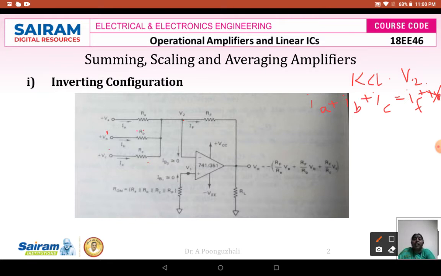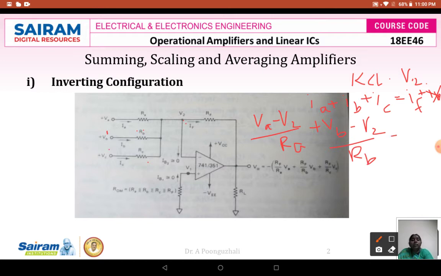Now if I write my IA equation, the voltage at this point is VA and the voltage at this point is V2, and current is flowing from VA to V2. So I can write IA to be VA minus V2 divided by RA. Similarly, your IB, from here the current flows, so it is VB minus V2 divided by RB.